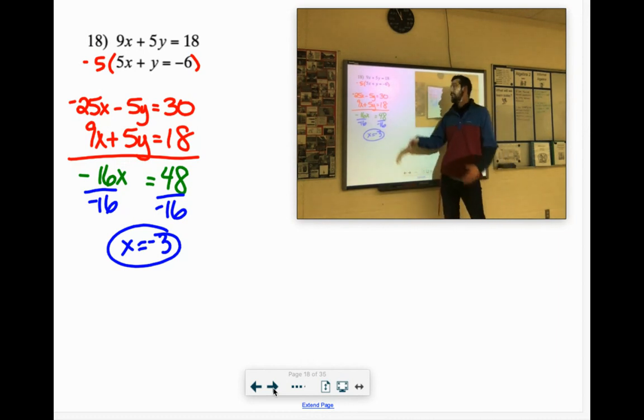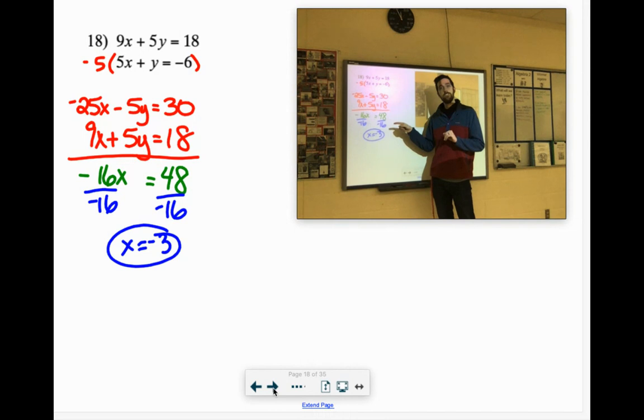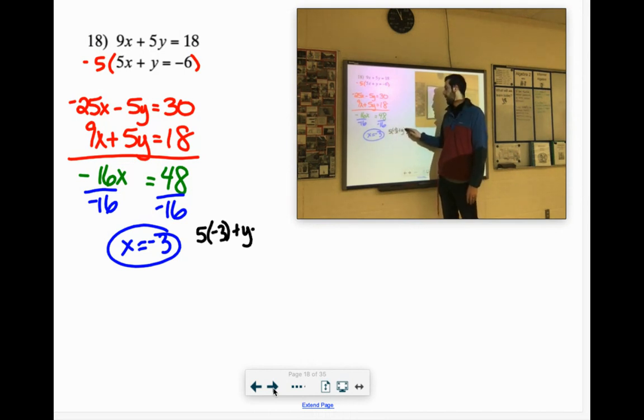We need y. You can use the originals, you can use the new one. I'm going to use the original equation number 2. That one looks the easiest to me. 5x plus y equals -6. 5 times -3 is -15 plus y equals -6.